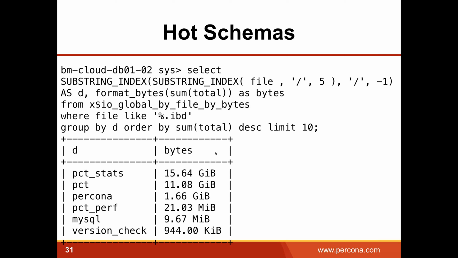So what I'm doing here is extracting the database name, the schema name, from the full file path, and then I'm grouping by the database name here, and I'm summarizing the bytes. So you can see here we have these pretty high-loaded schemas, which receive a lot of total bytes written and read from them. So now we can see these as our hot schemas, and we can, for example, optimize.